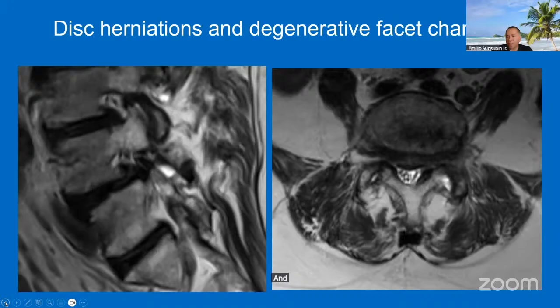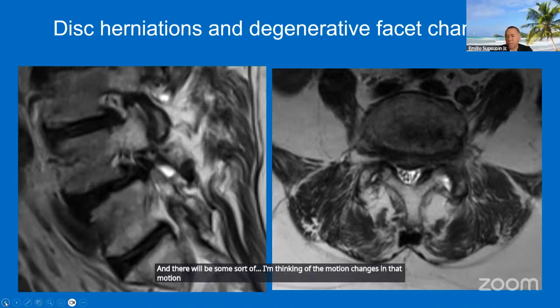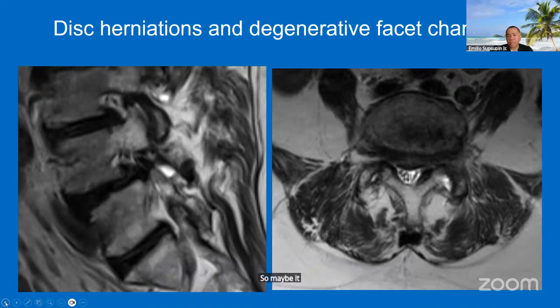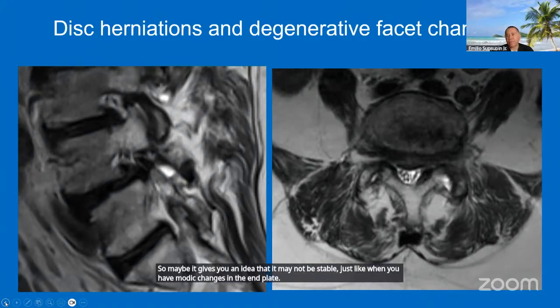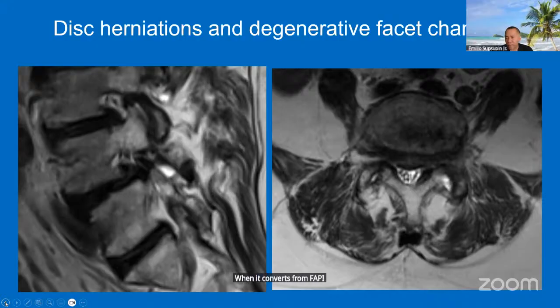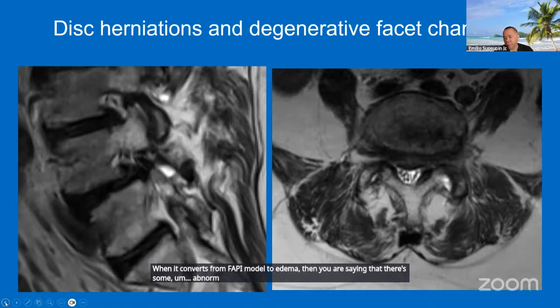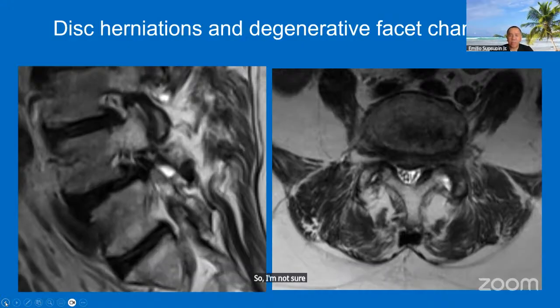And I'm thinking of motion changes at that motion segment level. So maybe it gives you an idea that it may not be stable, just like when you have Modic changes in the end plate. When it converts from fatty marrow to edema, then you are saying that there's some abnormal motion in that segment.